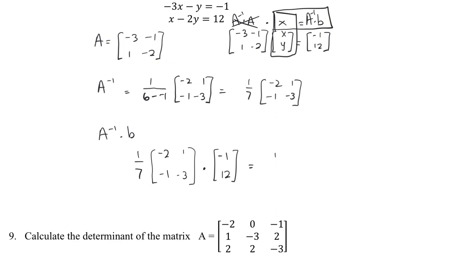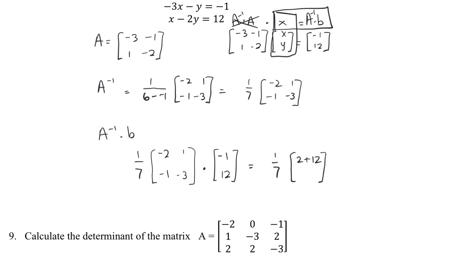So I'm going to leave the 1/7 to the very end and just multiply the two matrices together first. So this first entry here is row 1, column 1. So this is -2 times -1, which is 2. And then this is 1 times 12, which is 12.